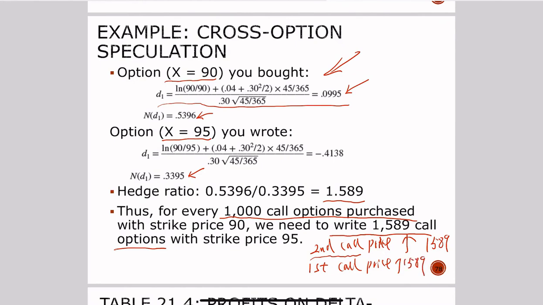You're taking a long position in the first call and a short position in the second call, so these two numbers offset each other. So you're hedged against stock price movement.